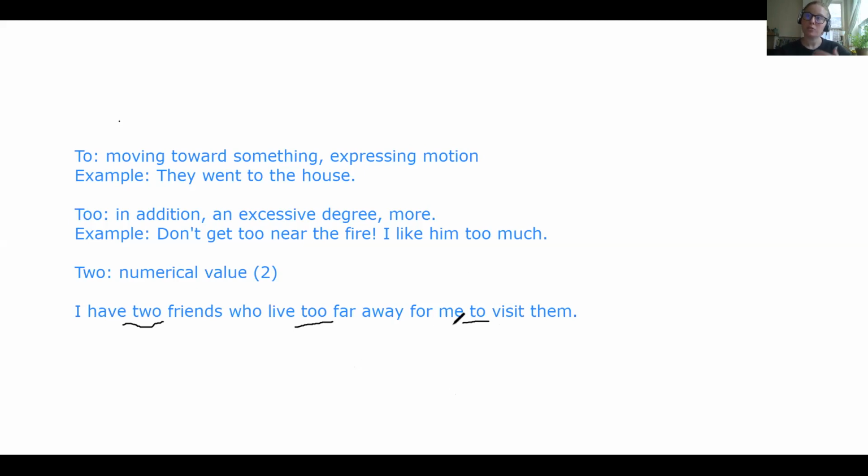So for me to go to where my friends are, right? That's that movement being described. But they're too far away. The distance is far greater than what I can cover easily, right? It's a difficult journey because it's so much distance. But I have two friends there, that number two.